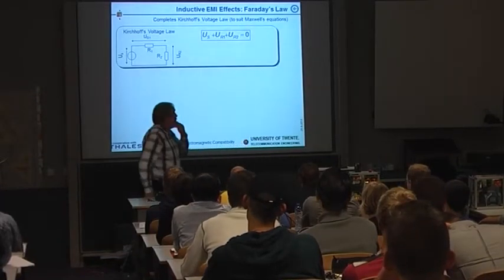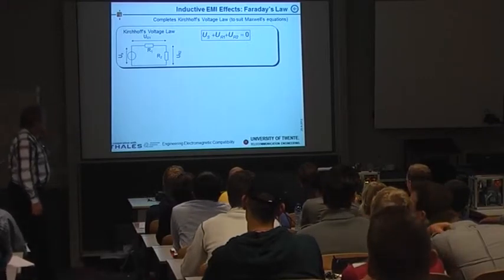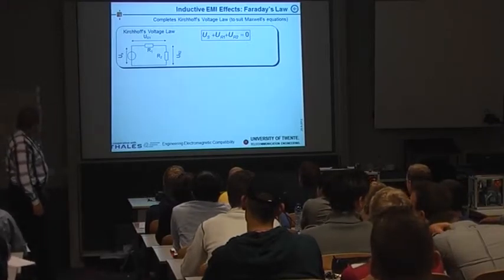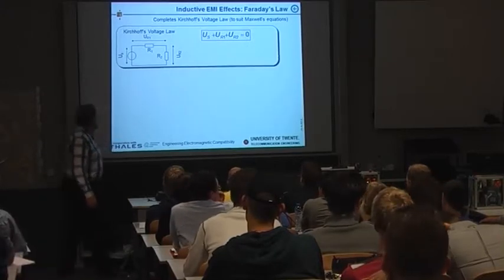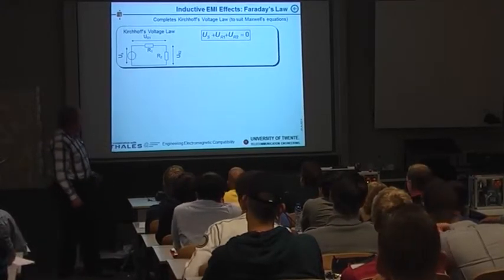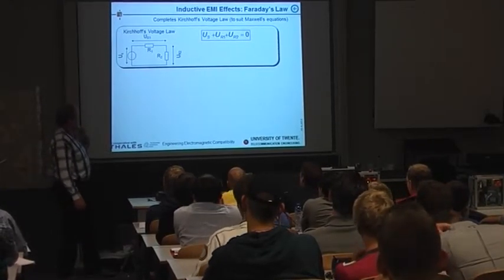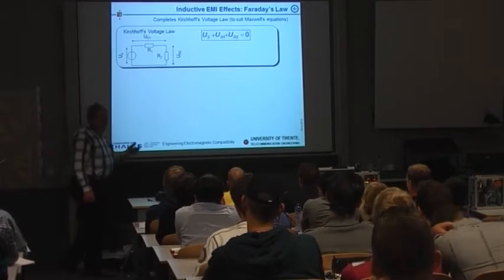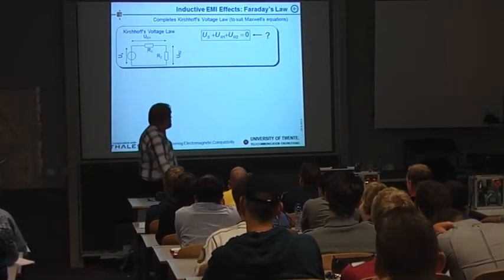Okay, that brings us to the second law, Kirchhoff's law, which is the voltage law. The voltage law says, I have a circuit here, a loop with that many elements in it. The sum of voltages should be 0. That's what this law says. But there we can put a question mark, because that's not quite true.